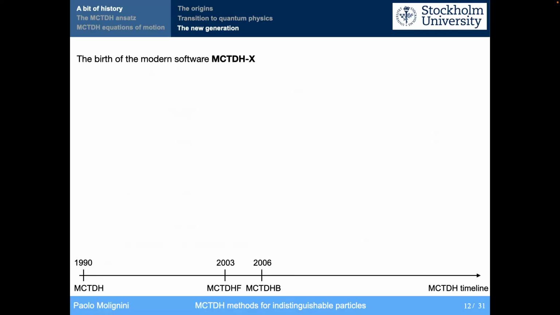So then the birth of the modern software MCTDH-X, the one that you use in the afternoon, starts really in 2014 with Axel Lode, who was also in Heidelberg at the time and was working with Ophir and so on. So he put together the protocode that was developed by Alexej, MCTDH-B, and then really pushed it to a new level.